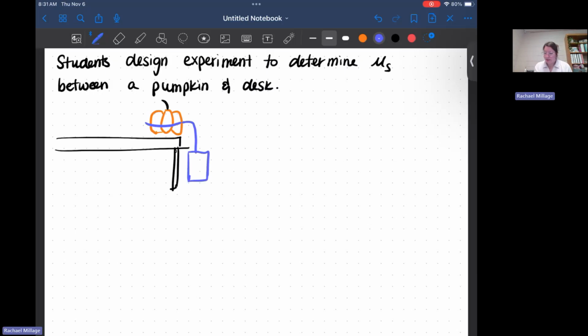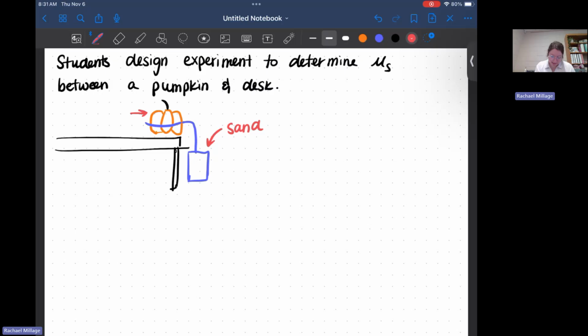So they're slowly going to fill this bucket with sand until the pumpkin starts to slide. So as soon as the pumpkin starts to slide, they're going to stop putting sand in.